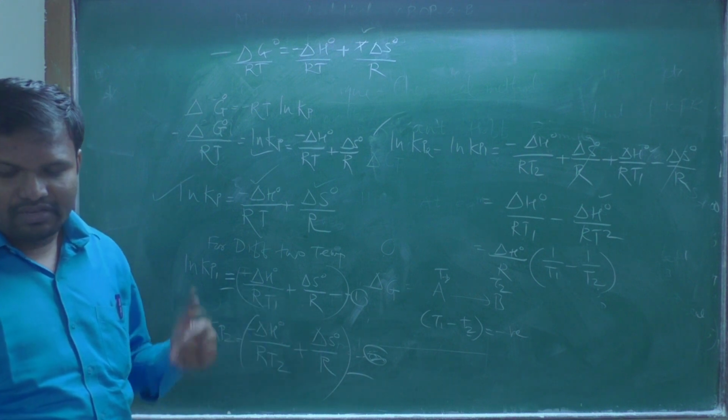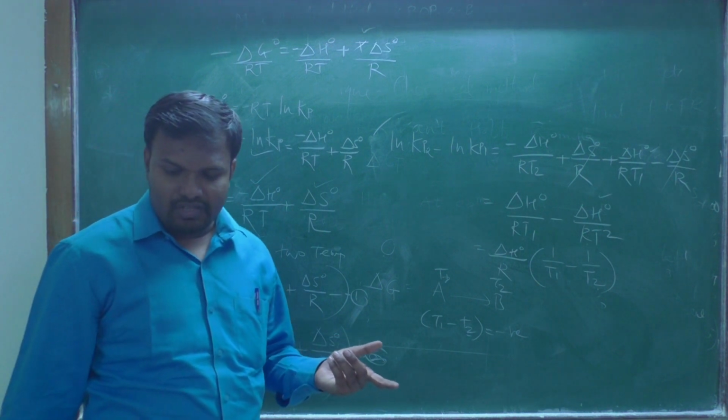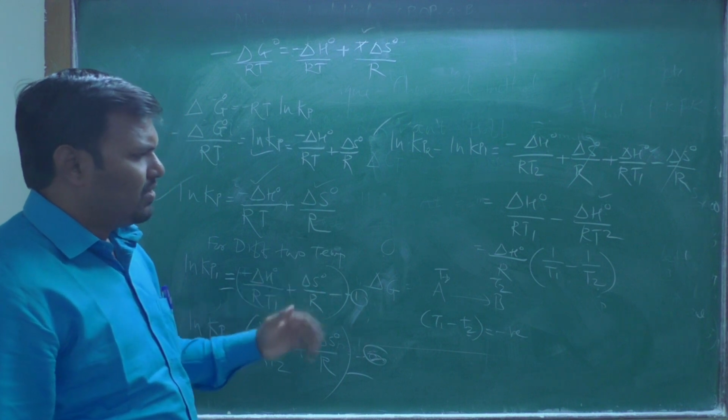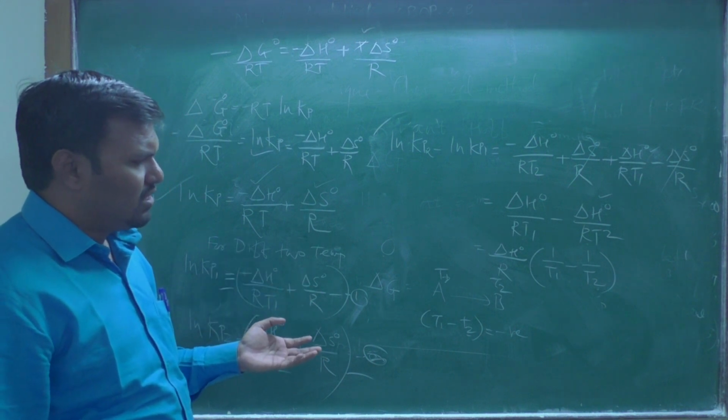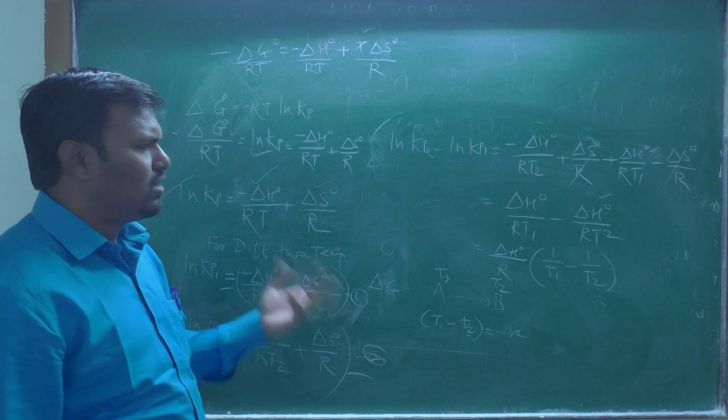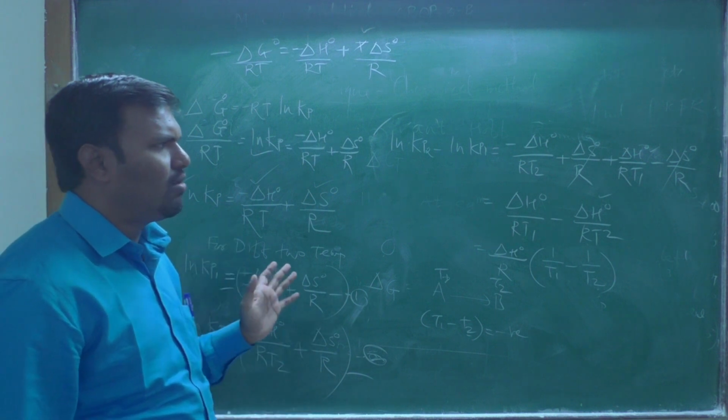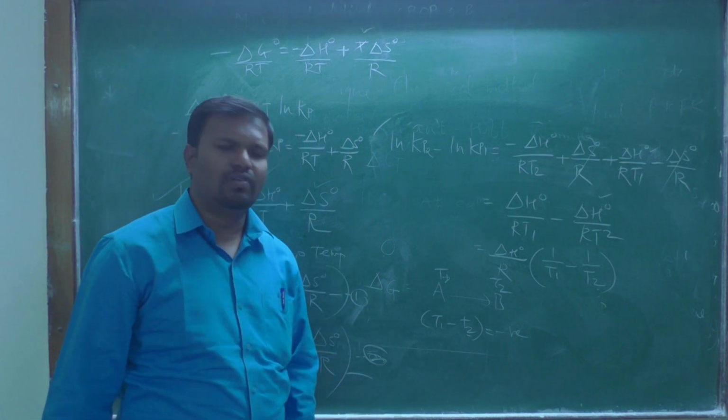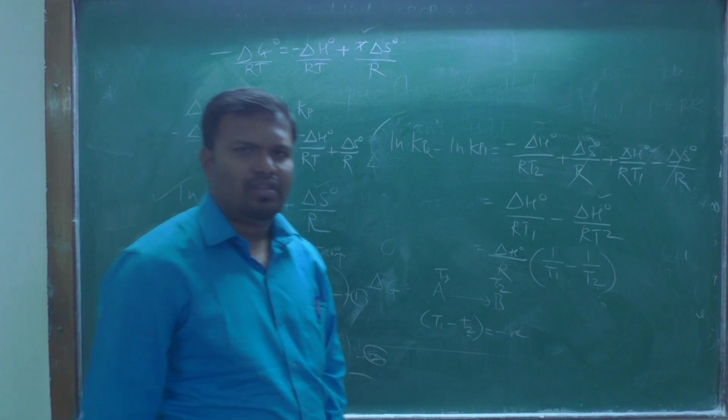In other words, when you increase temperature for an endothermic reaction, it favors the forward reaction. This is all about the Van't Hoff equation. I hope you understood the Van't Hoff equation. Thank you very much.